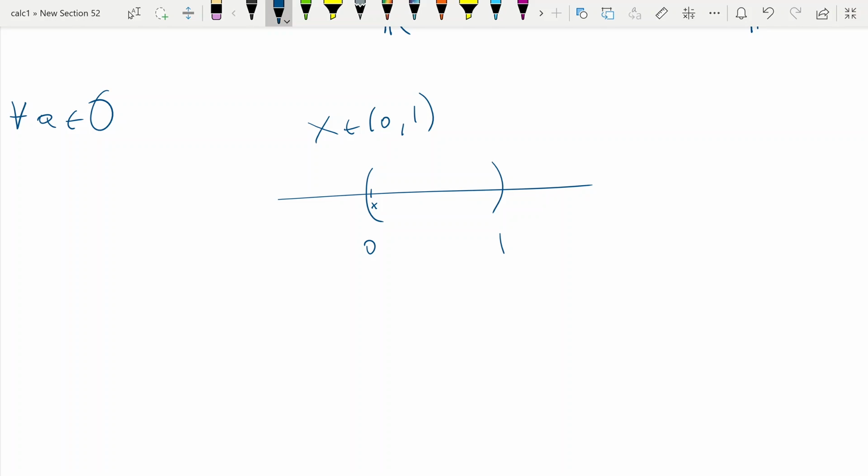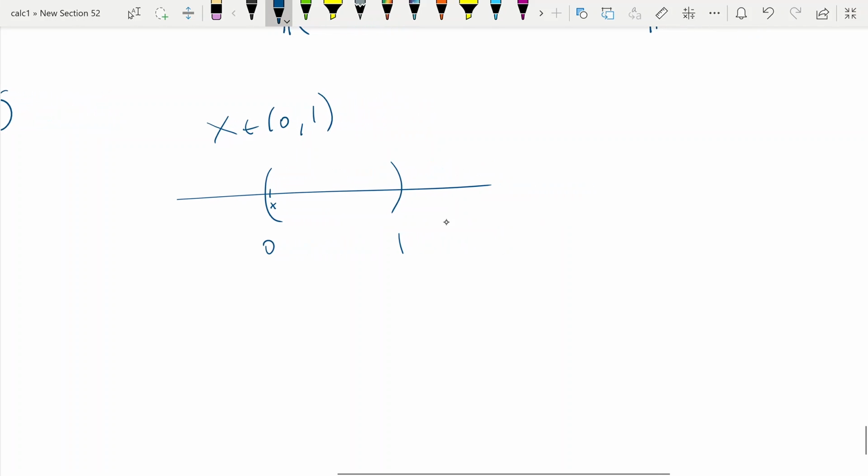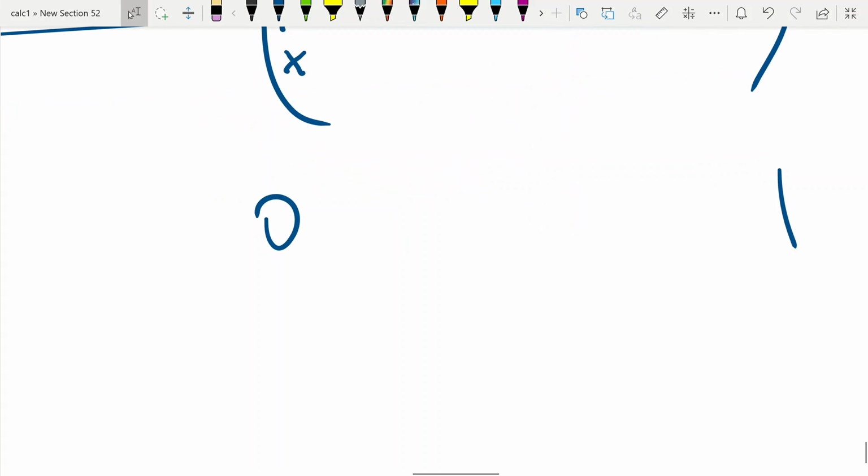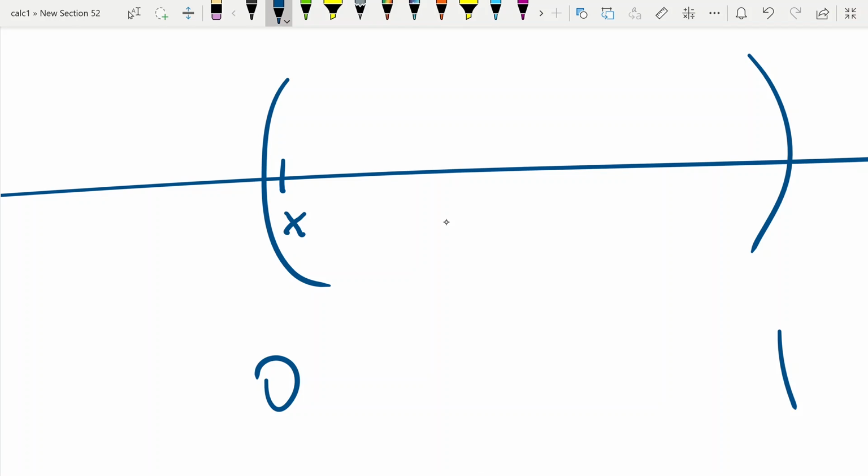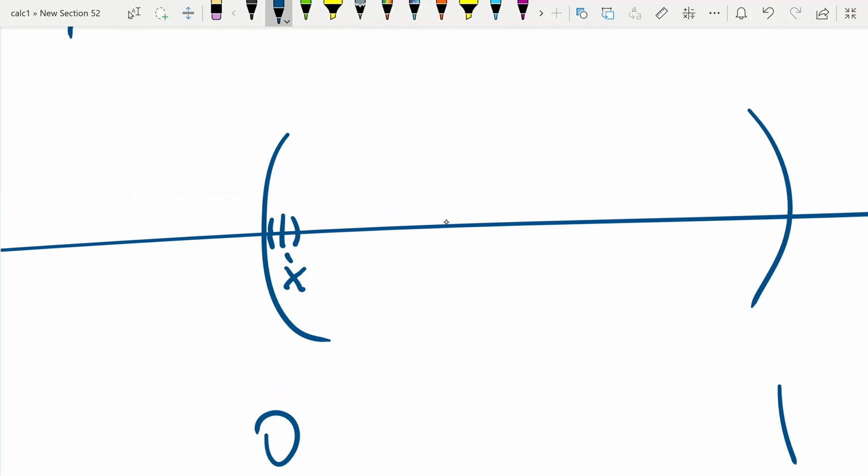Once you realize that, you can plug in an epsilon neighborhood here. If you blow this up, you'll see that you can find a small epsilon neighborhood V epsilon of a.